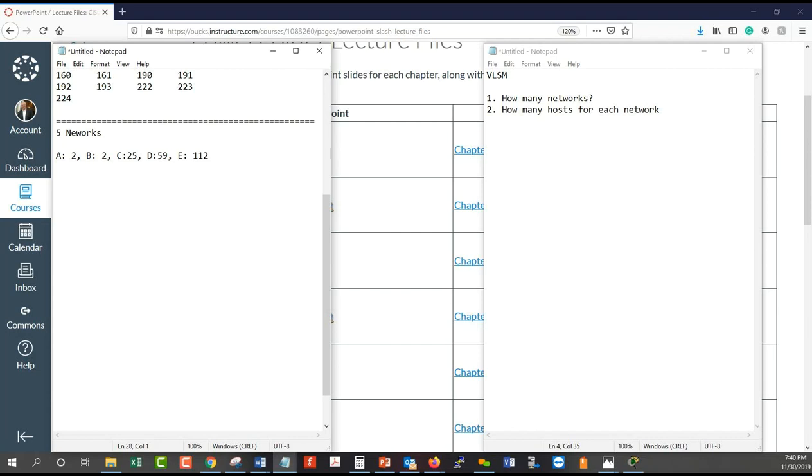So once we identify how many hosts are in each network, we want to order them from largest to smallest.